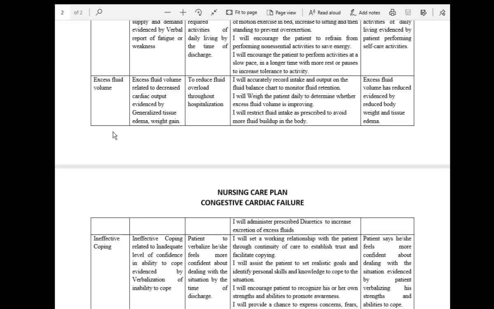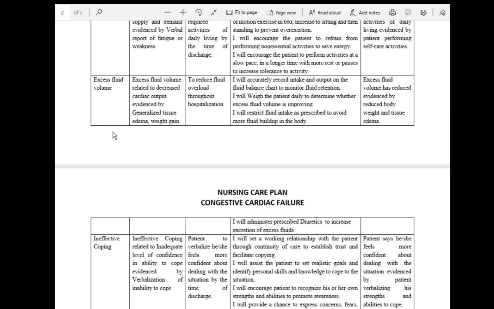We'll instruct them to take in just a little amount of fluid. As prescribed, the physician will prescribe the amount of fluids that this patient can take in. That's what we mean when we say restrict fluid intake.